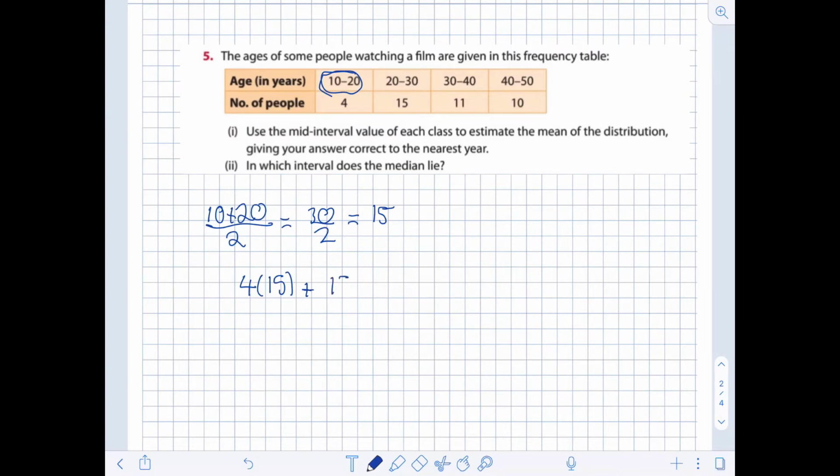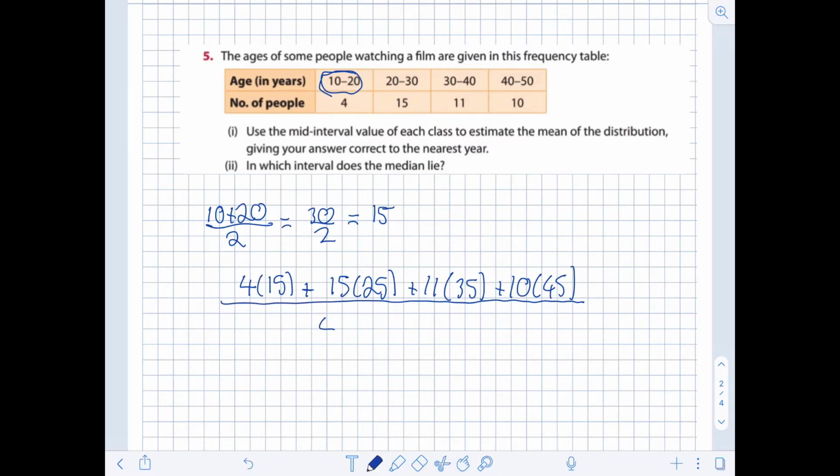So 15 25-year-olds, 11 35-year-olds, and 10 45-year-olds effectively. We're not saying there were that number, that's effectively how many there were.